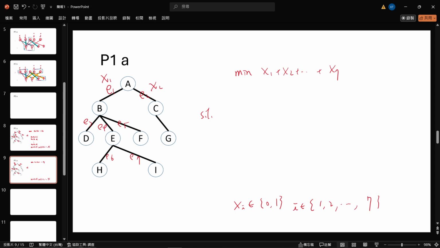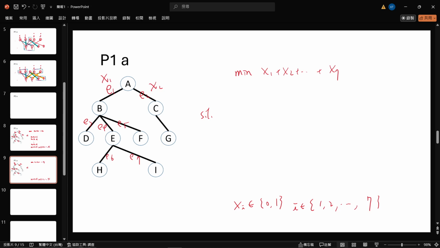So the constraint this time is to make sure that we can cover every vertex. So we have a constraint for every vertex. The constraint basically says that for this vertex that we are considering now, we have to choose at least one of its incident edges.